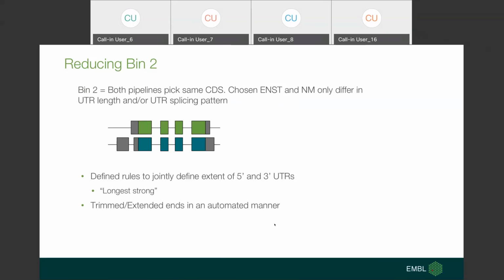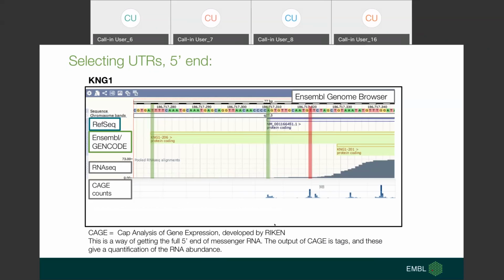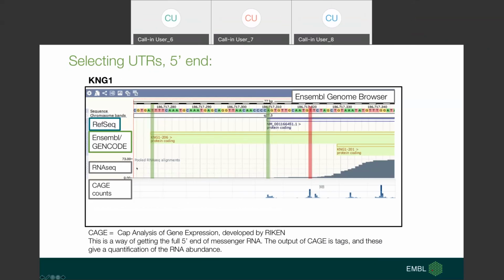I'm going to now illustrate what I mean by the longest strong with an example for the 5' end. Here is the KNG1 gene, and just to walk you through what you're seeing, at the top is the NM, in the middle is the ENST, or the ENSTs, in this case there's more than one, and here you can see the RNA-seq data for this gene, and importantly for the 5' end are the CAGE counts.